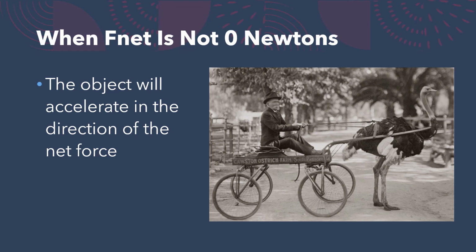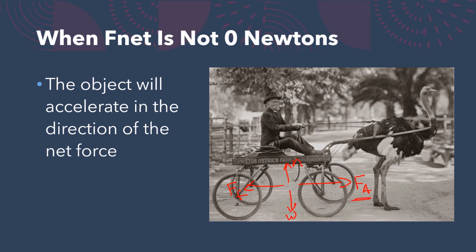Okay. But what about when F net is not 0 newtons? Well, this is when the object will accelerate in the direction of the net force. So say this ostrich decides to start pulling on the little crate, the little wagon back there. Well, it's going to pull in this direction. It's going to exert an applied force that way. Okay? There's going to be some friction acting to the left, right? And we have our weight and we have our normal force. They're going to cancel each other out.